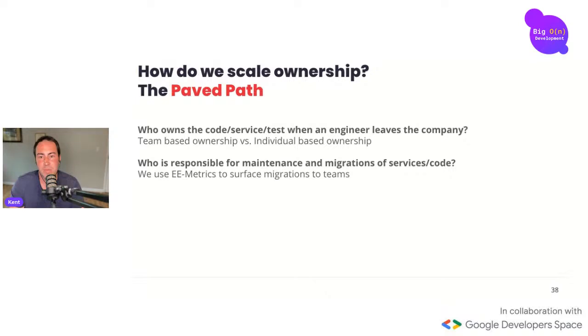I think the way that we changed the way that we thought about ownership was we went from individual ownership to team-based ownership. And teams do change, but they change less frequently than individuals change at companies.